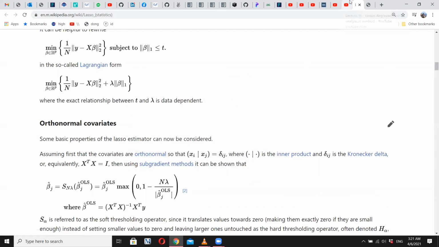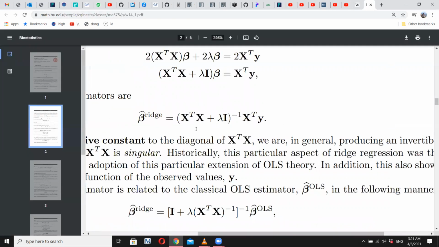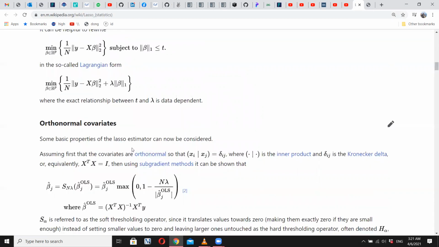We'll discuss this in a minute as well. Just to summarize, we can have a closed form solution of linear regression, of ridge regression, and of Lasso regression, constrained on some assumptions.